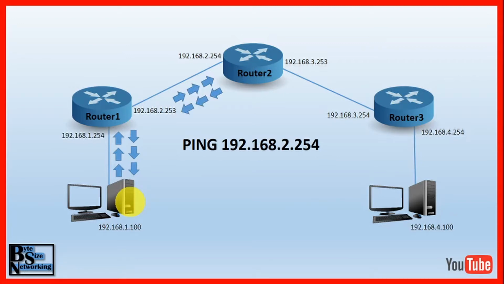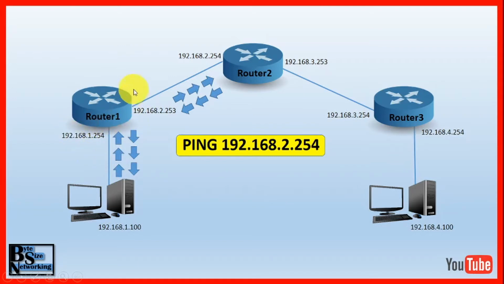Now we are going to ping 192.168.2.254. That is an interface on router 2. So what's going to happen here is, first of all, on our computer we're going to run the ping command. Our NIC is going to check and notice that this IP address does not reside on the local area network. So the next step is it will then forward that request to the default gateway.